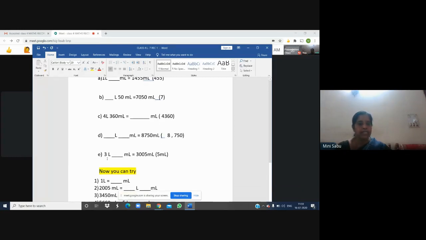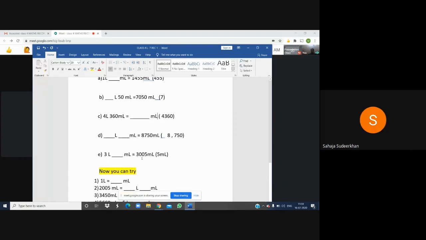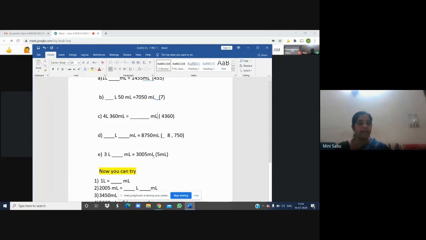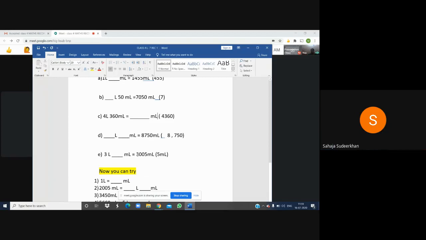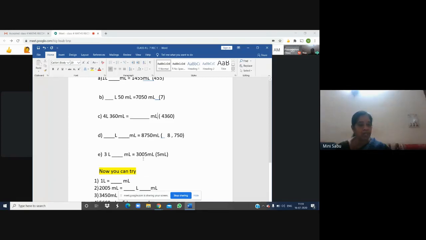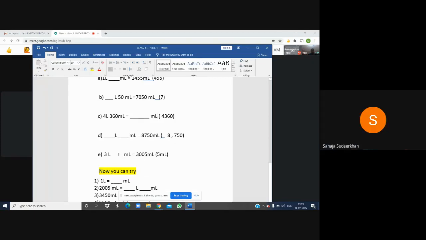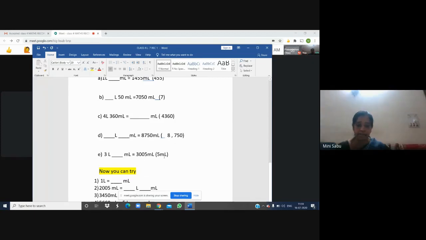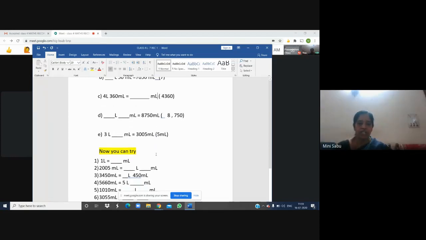Now 3 liter dash ml equal to 3005 ml. 3005 ml means 3000 ml plus 5 ml. So 3000 ml makes 3 liter. Now how many ml is left? Only 5. 5 ml is left. Okay. I hope you understood.